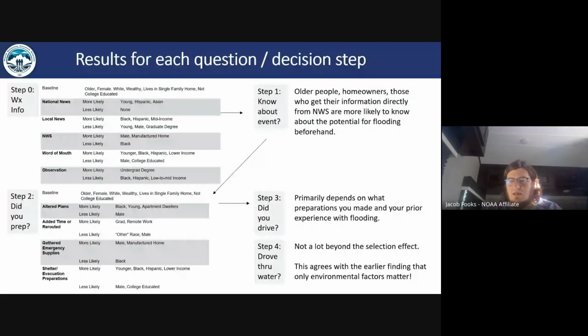Once we know whether or not they made preparations, we can look at, did you choose to drive during the event? And here we see a lot less specific demographic variation. All of this comes down to what preparations you made, along with what prior flooding experience people had. The further we go down this chain and the closer we get to the event, the less difference there is in terms of demographics and information.